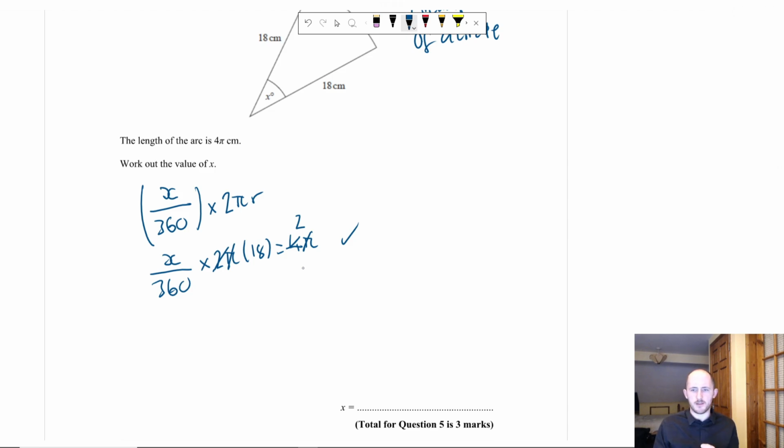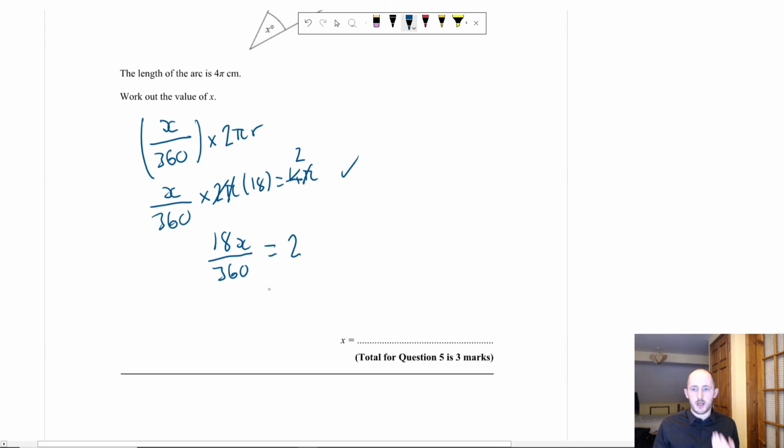Now all I'm left with is 18x over 360 equals 2. Now I'm just solving a linear equation. I'm going to times both sides by 360 to get rid of the fraction, which gives me 18x equals 2 times 360, which is 720. Now all I need to do is do x is equal to 720 over 18.